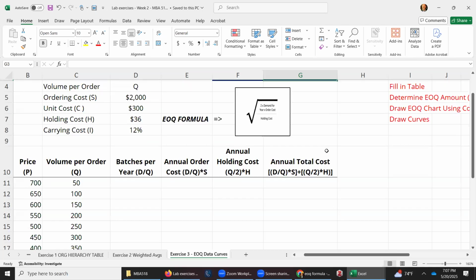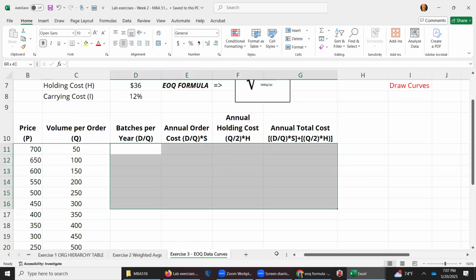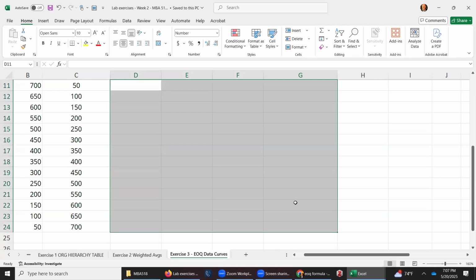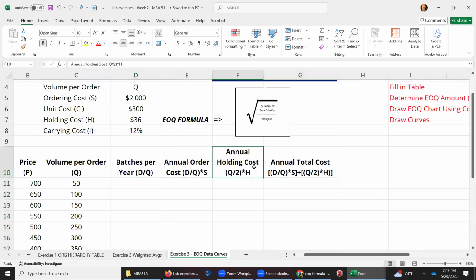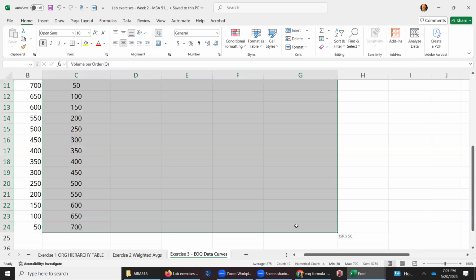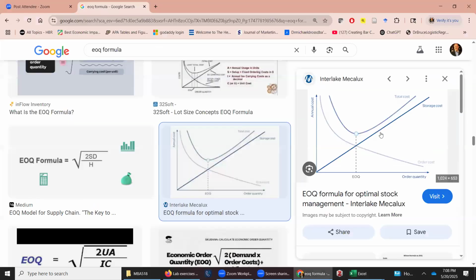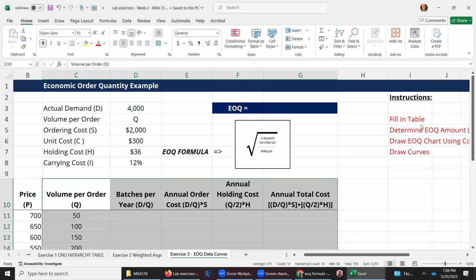So what I would recommend is filling out this chart. I've basically given you the formulas. Then I would highlight C all the way to G and draw a chart that will look something like this.